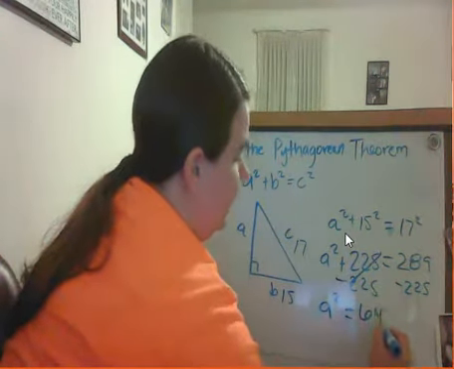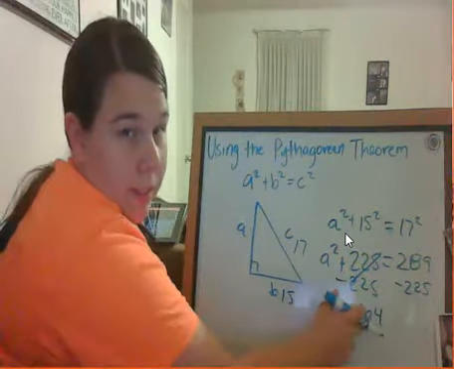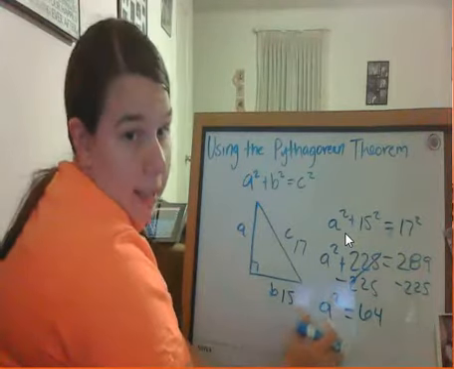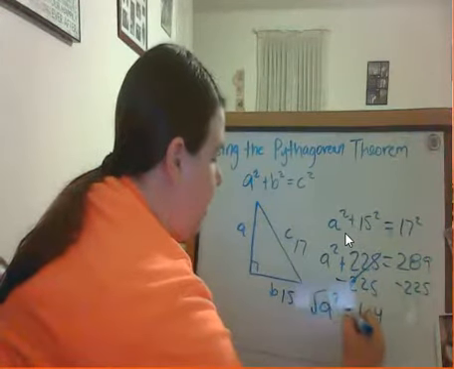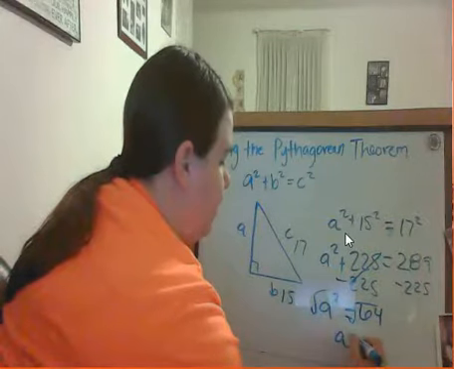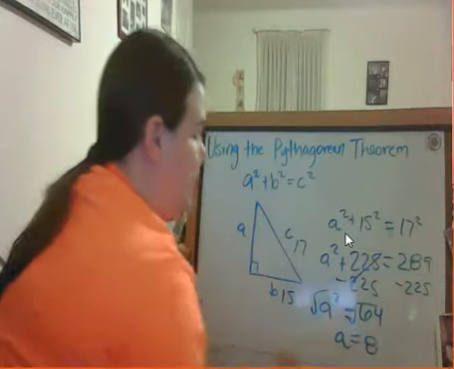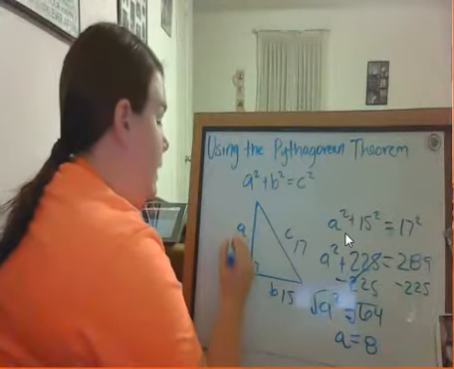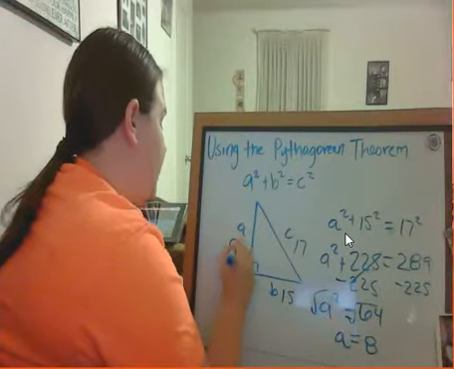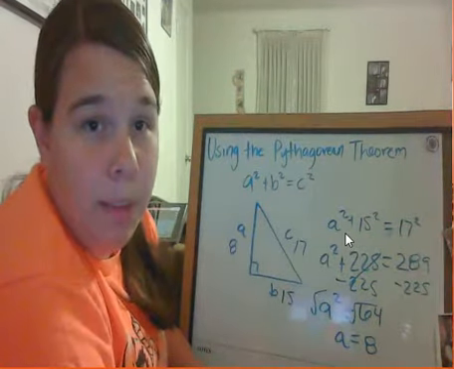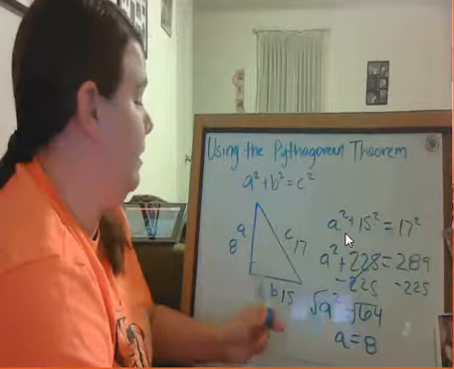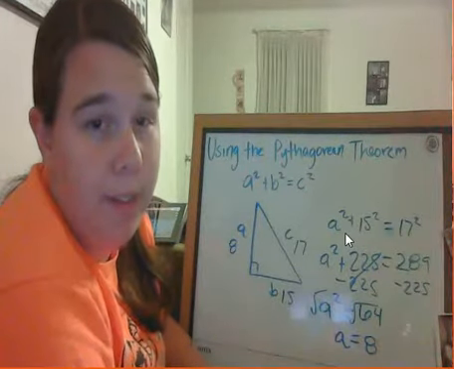Well, a squared is equal to 64, so how do I find a? I take the square root of both sides, so a will be equal to 8, because 8 times 8 is 64, so that means A will be 8. So that's how you use the Pythagorean theorem to find either missing sides or the missing hypotenuse of a right triangle.